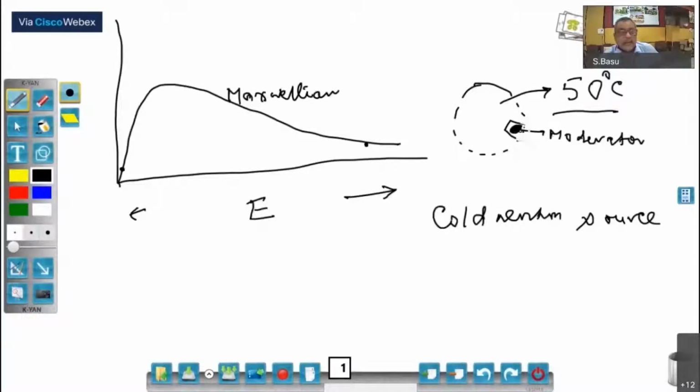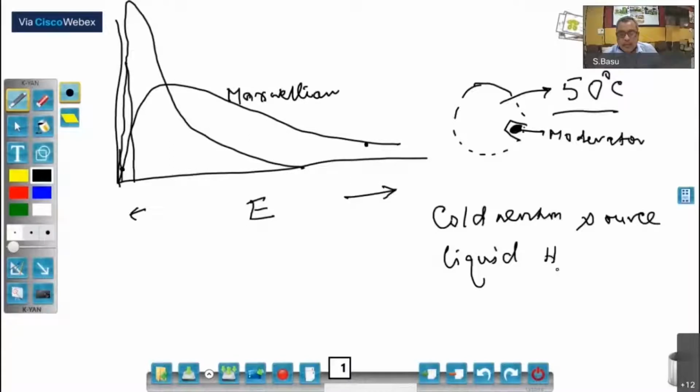It captures them, and since the source is at a lower temperature, it rethermalizes these neutrons, and a new Maxwellian emerges from the cold neutron source. While the total number of neutrons is not changed, because the area under the curve remains the same and it is just a question of rethermalization, you can see that in the lower energies you have gains. So this is the purpose of a cold neutron source, and this cold neutron source is often liquid hydrogen.